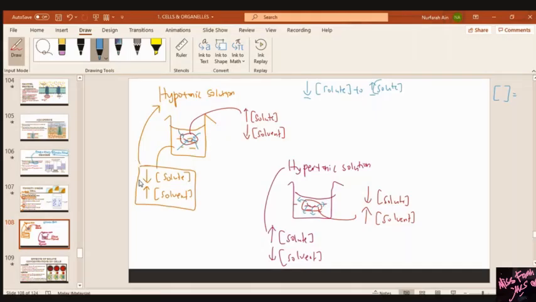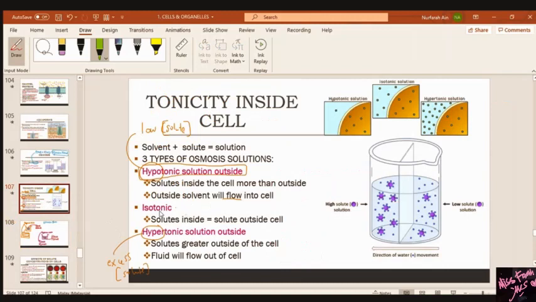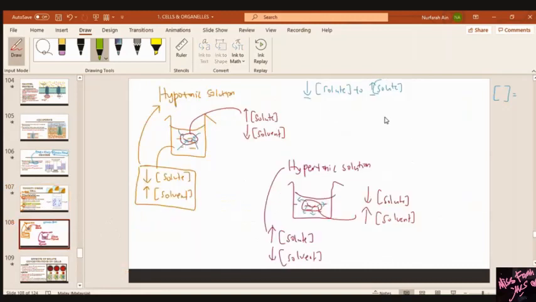Now let's talk about the isotonic. An isotonic solution is when the concentration of solute inside the cell is equivalent to the solute outside the cell. Because of this, you know what happens? For example, I have a beaker that contains an isotonic solution, and I drop in the red blood cell.